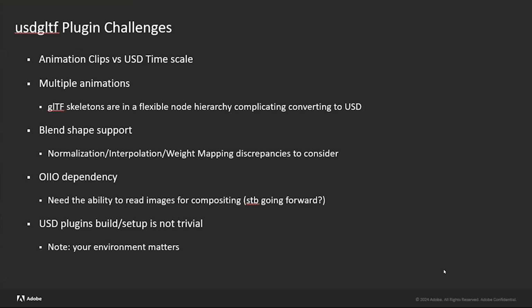And then dependency management. We use OpenImageIO for the ability to read images for our compositing step. But there's been some community reach saying, hey, can we get rid of the OpenImageIO dependency? And so maybe we'll go to STB going forward. It still needs to be evaluated. But overall, we need to take another dependency pass through. It's been a while since we looked through that and strip out anything we don't need. And then USD plugin build setup is just not trivial.